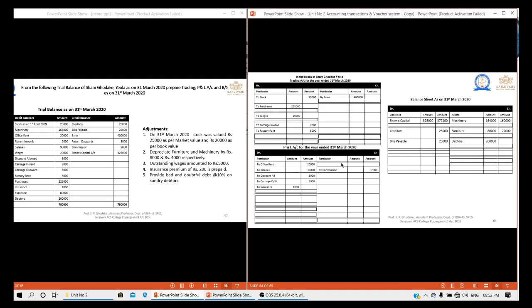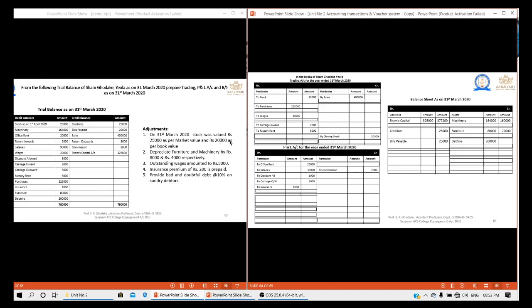Now the next step is doing the adjustments on these particular items, those which have been in the inner column. So first we'll do the adjustment of closing stock. Here the closing stock is always valued at market price or cost price, whichever is less.